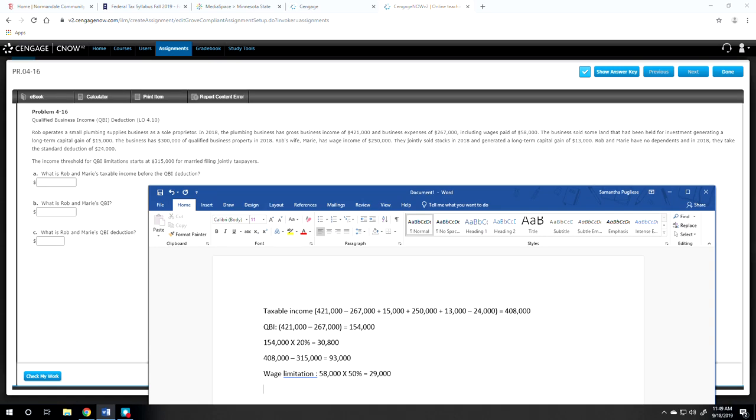So we get to do some more calculations. Now it's going to be wage and capital limit. So they say 25% of the allocable share of W-2 wages with respect to the business. So first, let's figure that out. 25%.